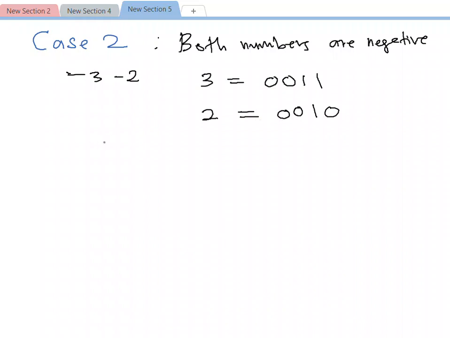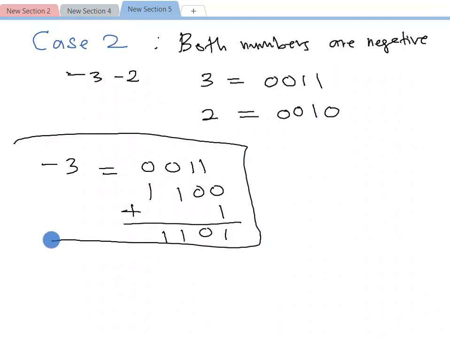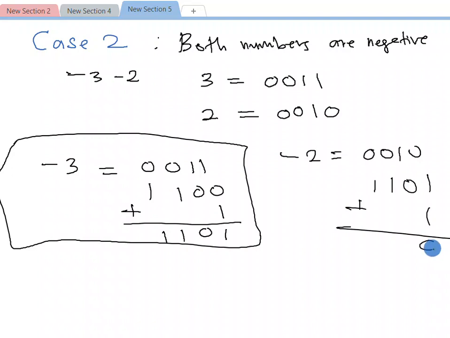So how to perform negative 3 minus 2? We have to find negative 3. How to get negative 3? You inverse 0011 to get 1100, and then plus 1. So you get 1101. This is negative 3. Negative 2 we can get by inverse 0010 to 1101, then plus 1.